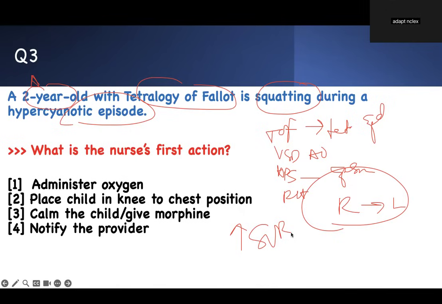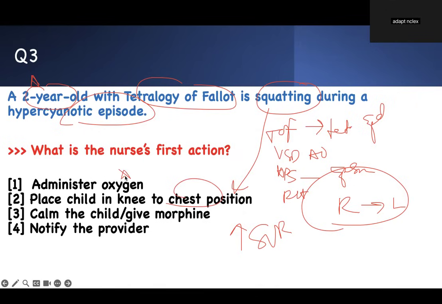Knee to chest position or squatting position if it's a kid, or we swaddle the kid. Look at the question. A 2-year-old is already squatting. That means he's in what? Knee to chest position. Don't pick that answer. It's a trap. The kid is already squatting. He's in knee to chest position.